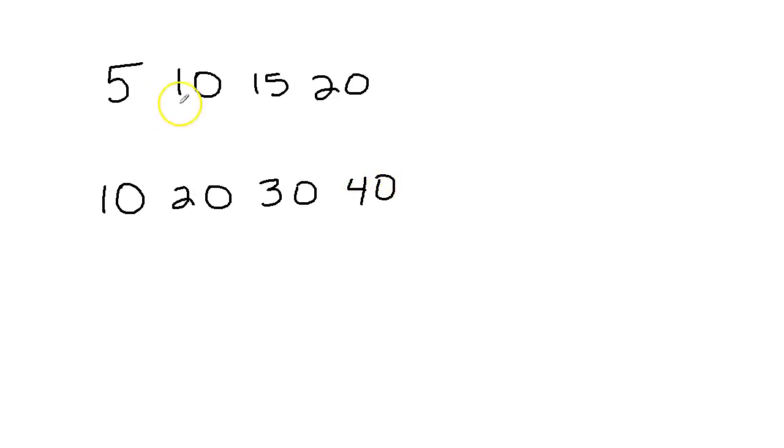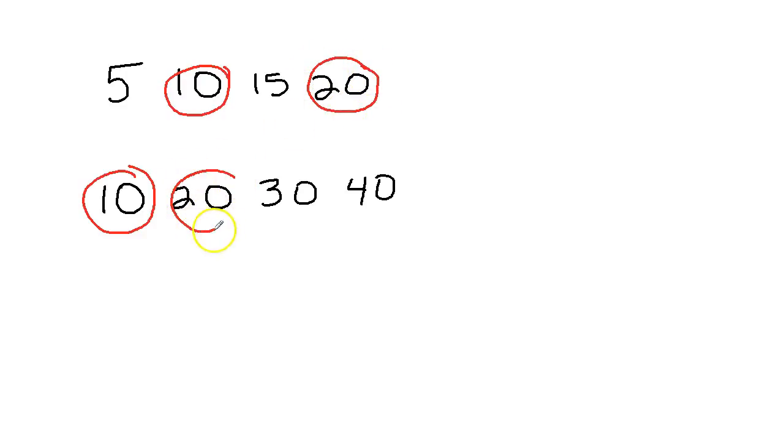Now, do you see a number here and a number here that match? Yes. You have the number 10. That is a common multiple of both 5 and 10. Now, I stopped here because 20 is also a common multiple.